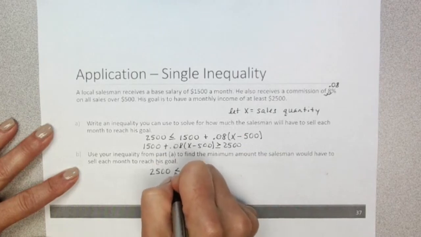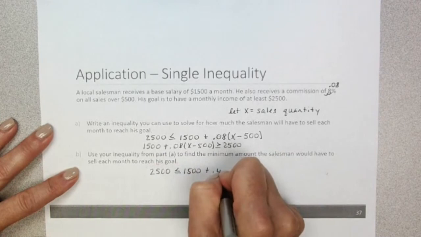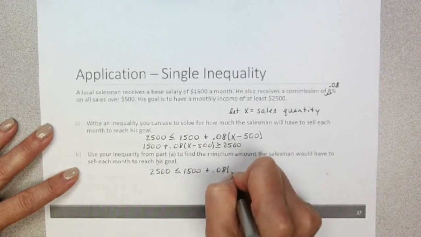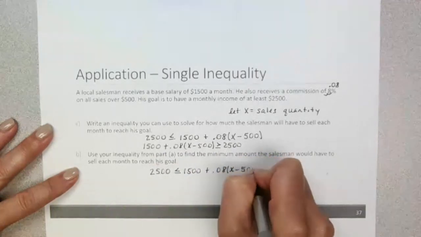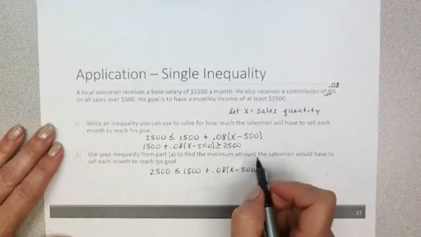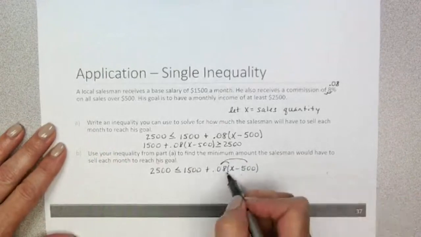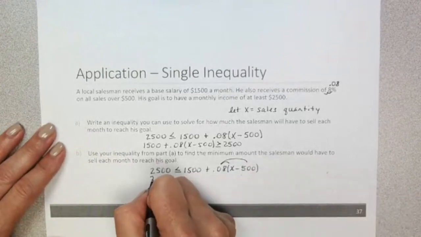So 2,500 is less than or equal to 1,500 plus 0.08 times X minus 500. I want to distribute that 0.08 first, to simplify this a little bit, so I don't have to have parentheses.